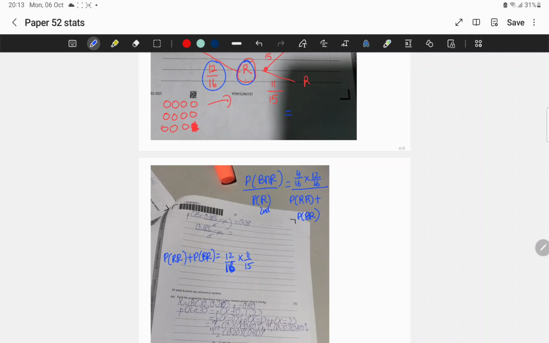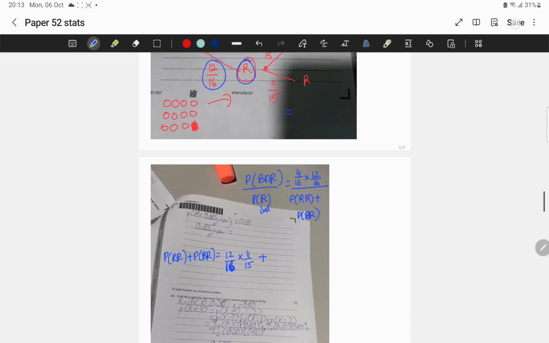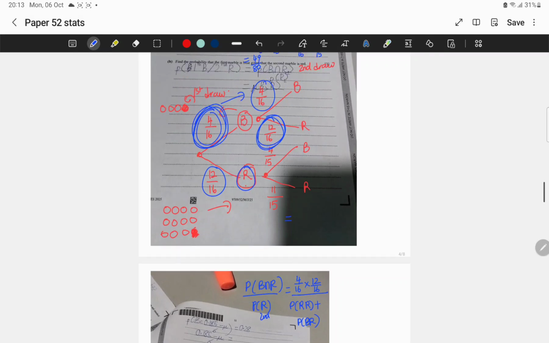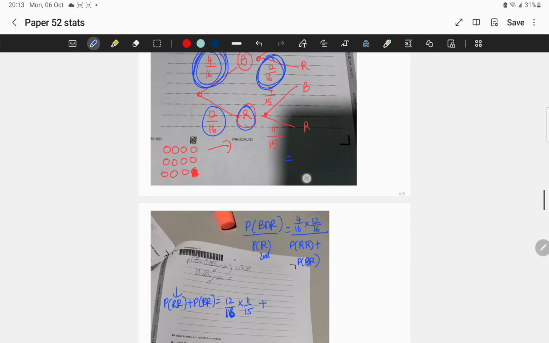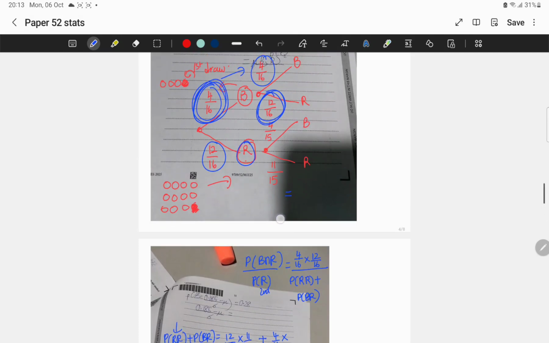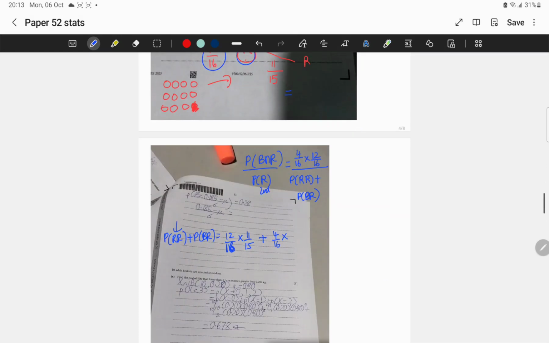You're just going to follow the tree diagram, not the probability distribution table, the tree diagram. So this would be probability red, probability blue red: I get the first one blue, 4 over 16, times the second one red, so I follow the same line. This is blue, the red is 12 over 16.